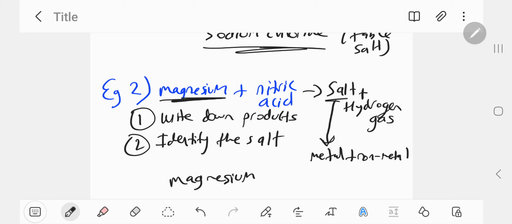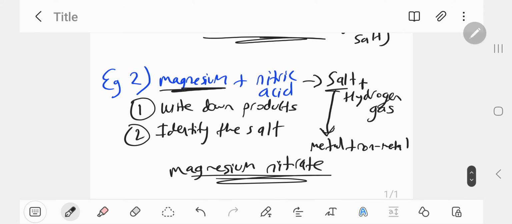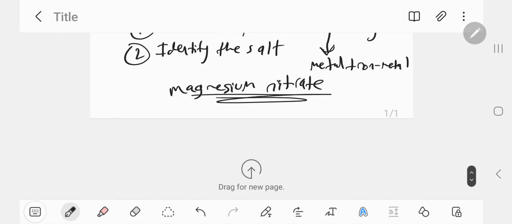And the non-metal comes from the acid. In this case, nitric becomes nitrate, A-T-E. That's the rule. When working with nitric acid, you write down nitrate. So that's the salt. That's acid number 2. Once again, if you have, let's say, gold plus nitric acid, it becomes gold nitrate for the salt, and so on and so forth.